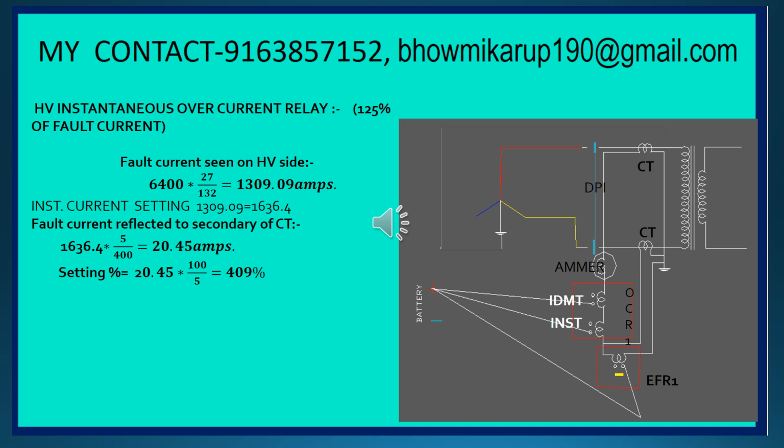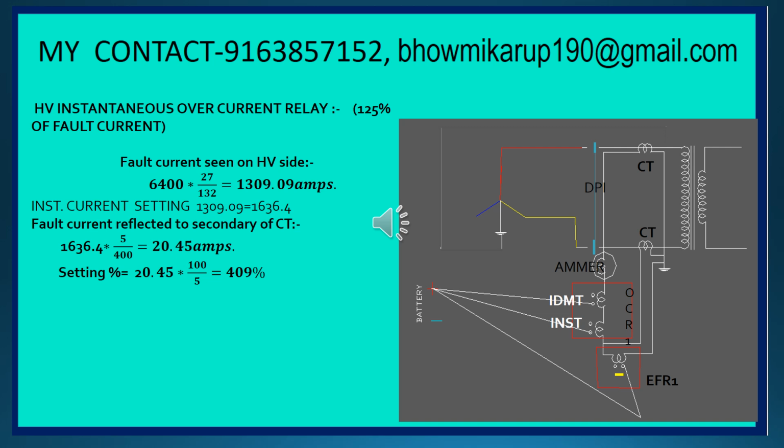Now we'll discuss about the OCR instantaneous element. It is set to 25% more of fault current. So any fault in the 27 kV side will not affect this relay because the setting is 25% higher than the maximum fault current in the 27 kV side when it is reflected on the 132 kV side.